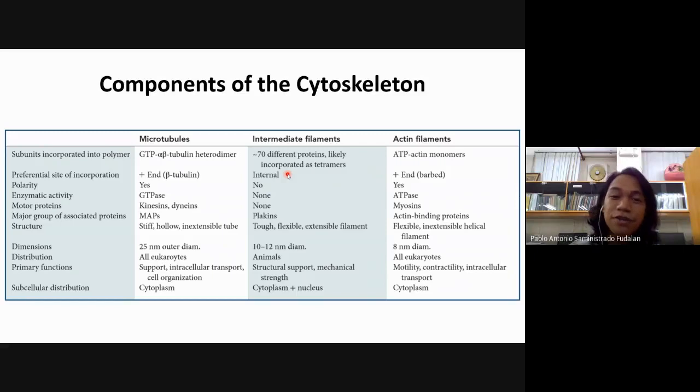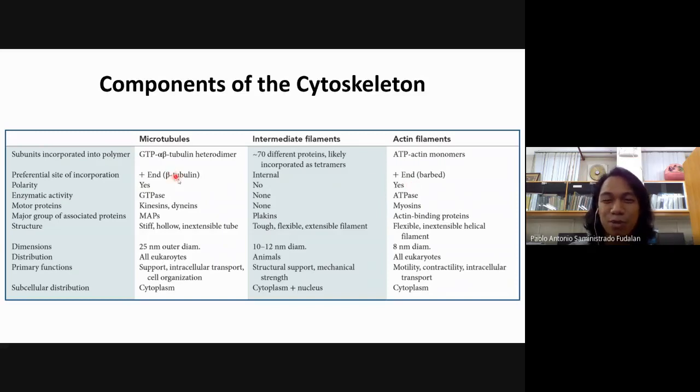Then the intermediate filament is tough, sir, although it is also flexible. All right, so thank you. I'd like to highlight what you said on motor proteins. Take note that microtubules and actin filaments are polar. They have polarity. There's a plus end, there's a minus end. So this allows them to serve as guides for the direction of movement of the motor proteins.